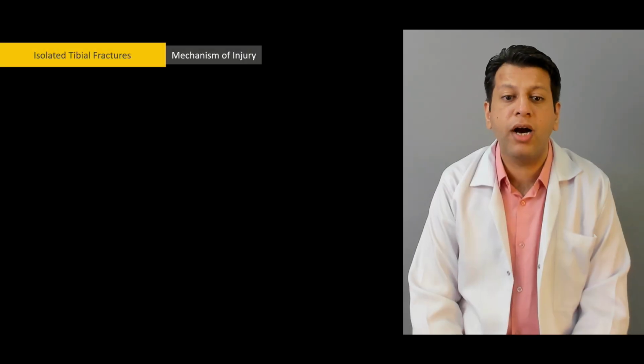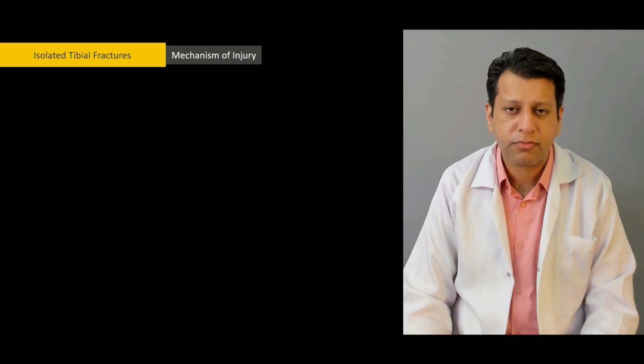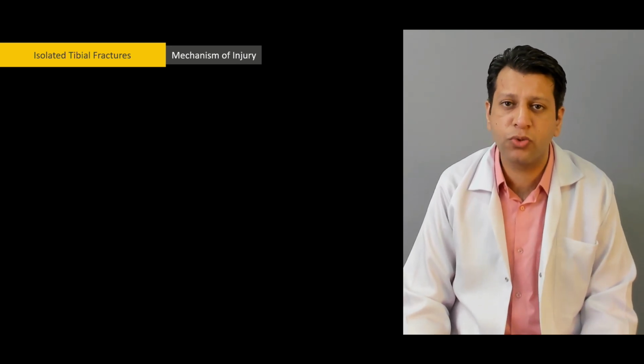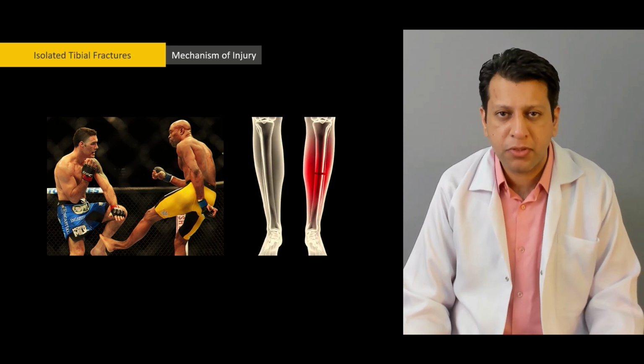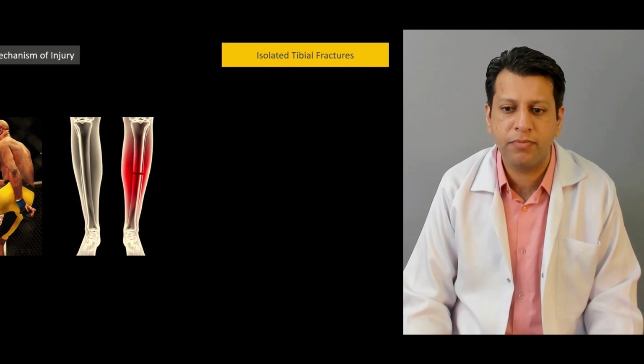Now moving on to isolated tibial fractures. Most commonly there are associated both bone fractures, but sometimes, usually in case of a low energy fall, especially in children, there may be an isolated tibia fracture only, in which the fibula may be spared, or it may be associated with a greenstick fracture, but usually there's a fracture of the diaphysis of the tibia.